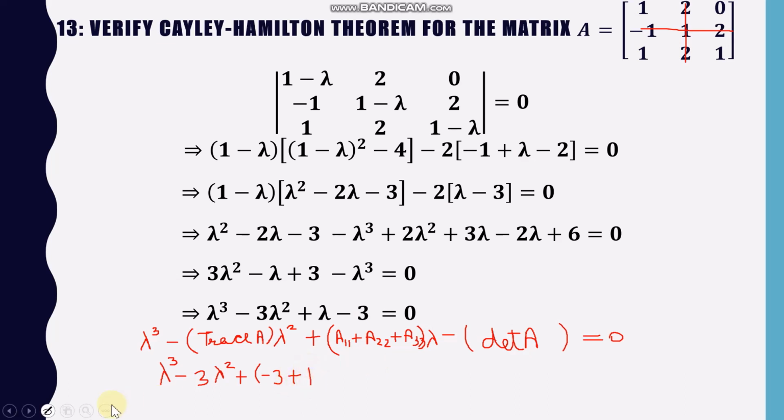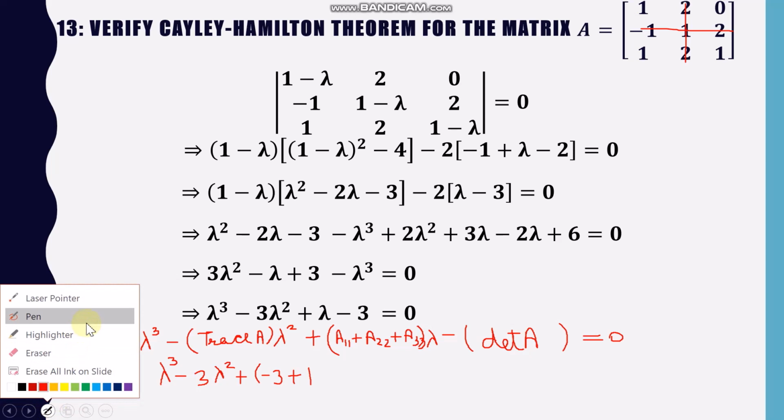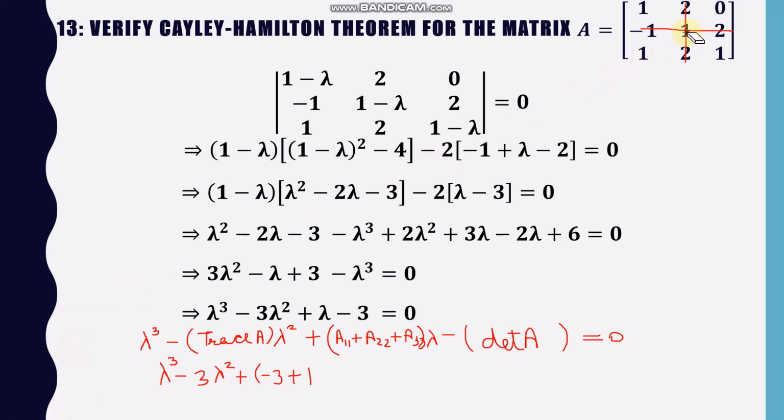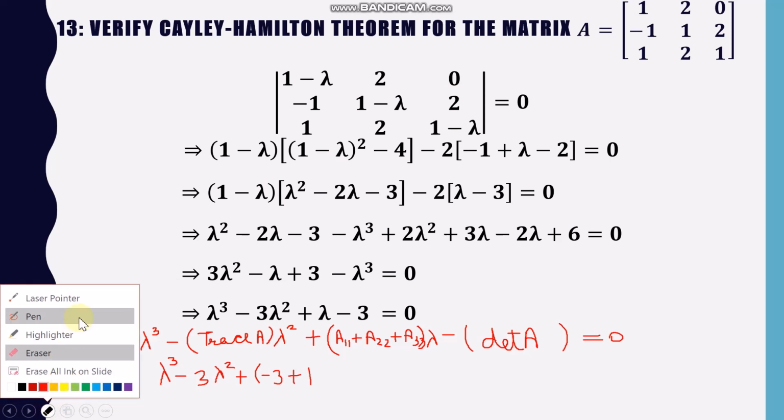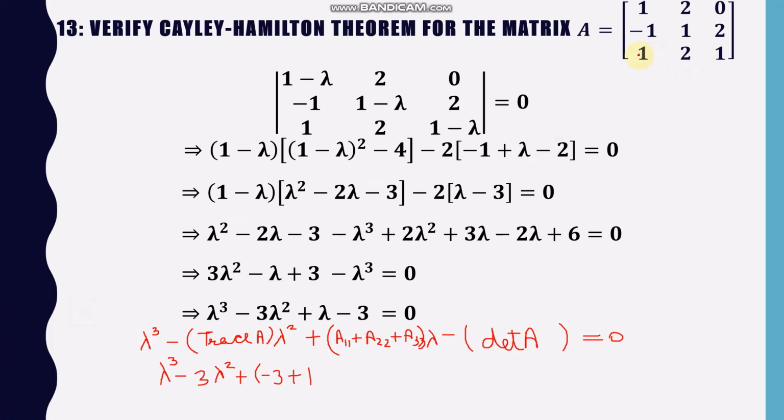And now let's look at the cofactor of A33. For A33, remove the third row and the third column, and see the determinant of the remaining. So it is 1 minus of minus 2, so it is 1 plus 2, which is 3. So it comes out to be 3.